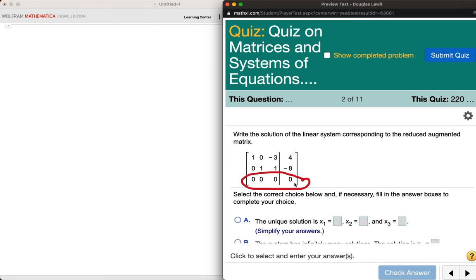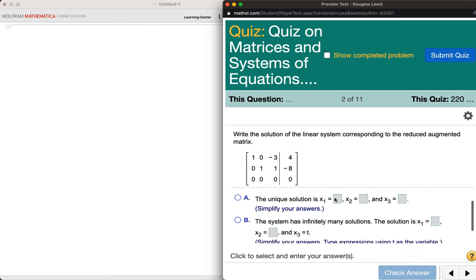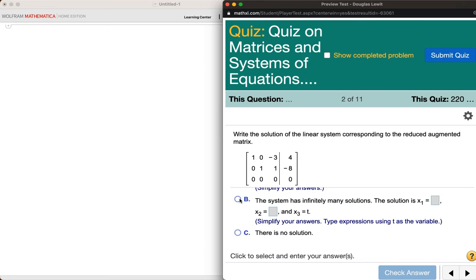How do I know that? Because I have a row of zeros at the bottom. So the correct option is B: the system has infinitely many solutions.